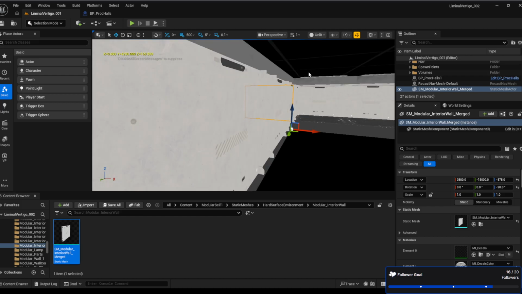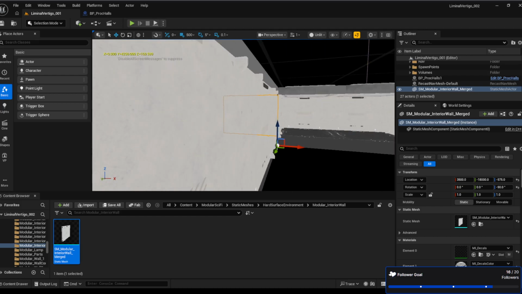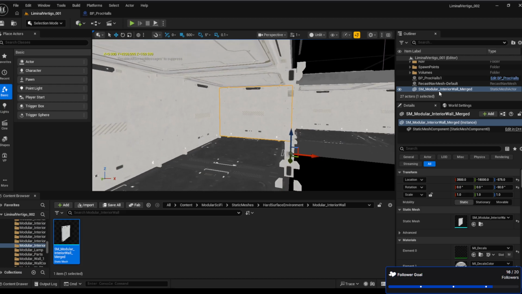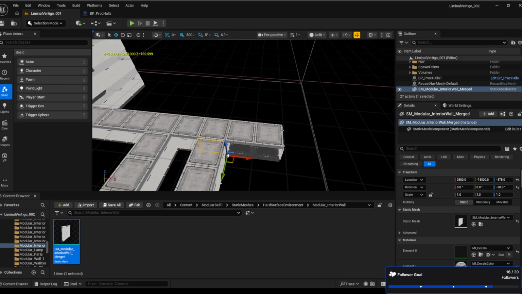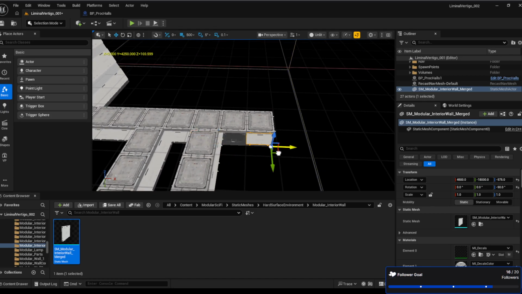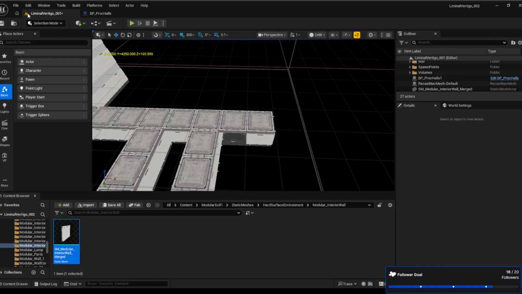Let's go ahead and delete it for now. Actually, don't delete it. We'll just move it to the side here. Let's rebuild.